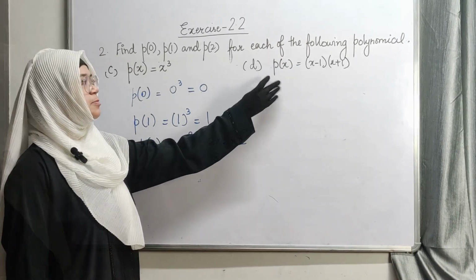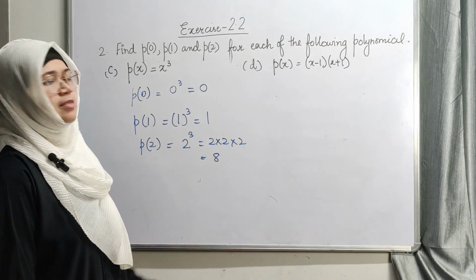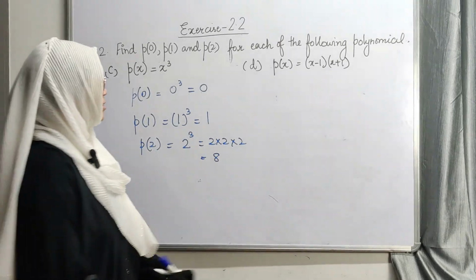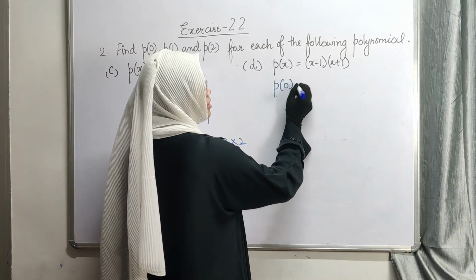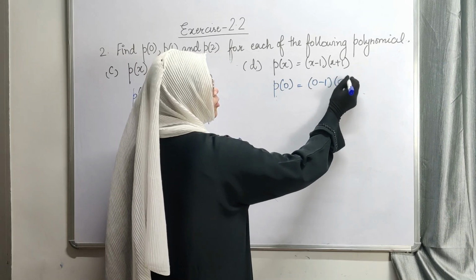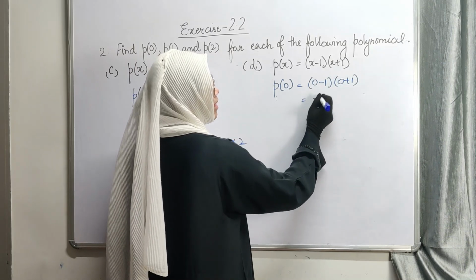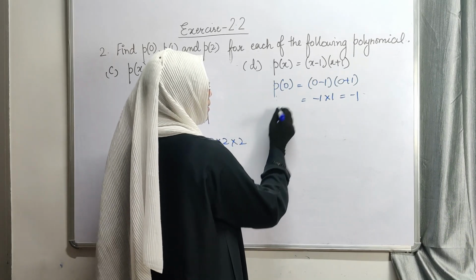The D part is p(x) equals (x minus 1) times (x plus 1). Let's find out the first value at x equals 0. It will become 0 minus 1 and 0 plus 1. Minus 1 into plus 1 will become minus 1.